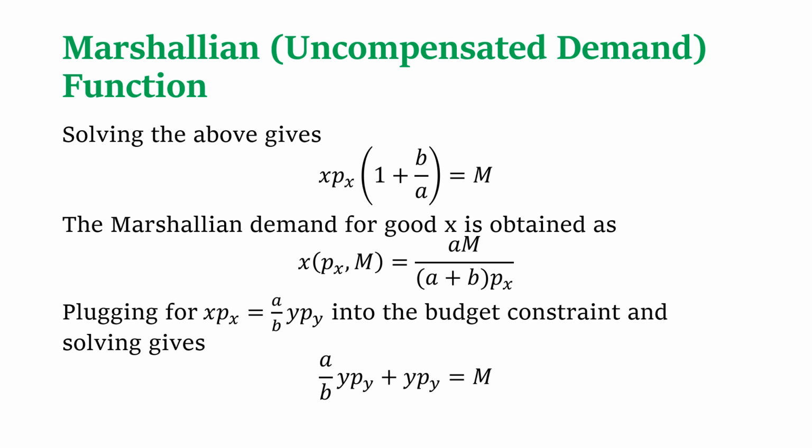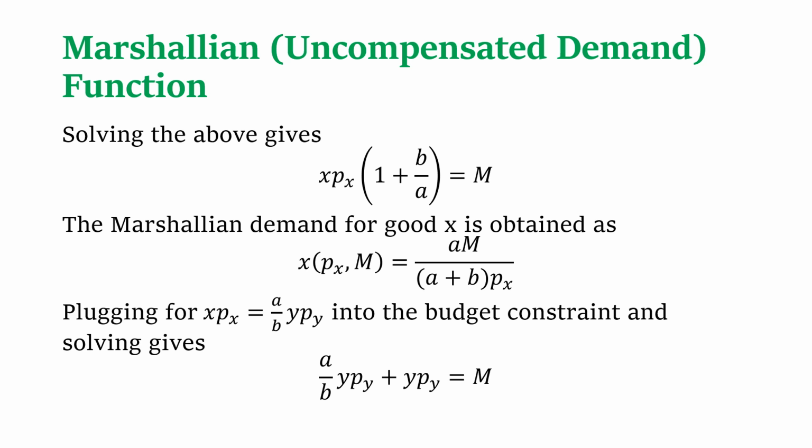If we solve, the demand function for good x is therefore x equals am over a plus b times px. So this is the Marshallian demand for good x. So clearly, the demand is a decreasing function of the price. That is to say, if the price increases, the demand will fall.